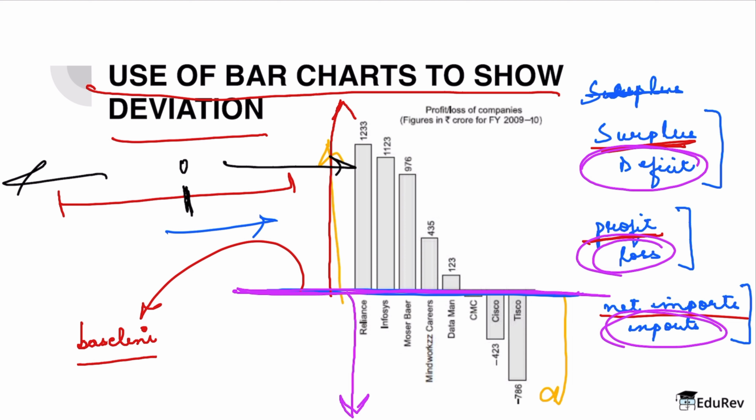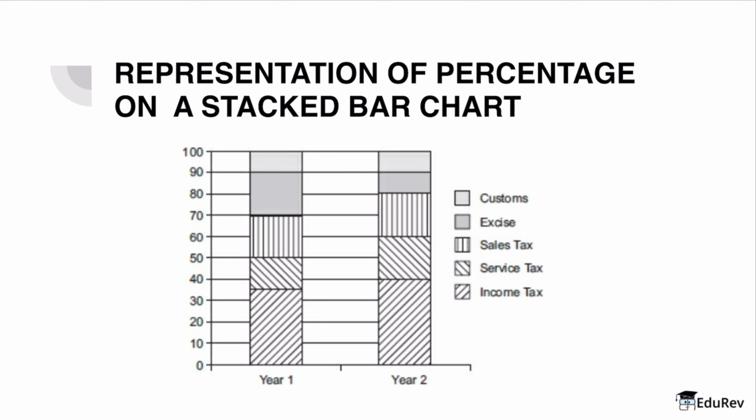Anything which is in positive numbers I can show above the baseline, and anything which is negative, like your deficit or your loss, or if not negative then anything which is opposite, say exports, which are opposite to imports, can be shown below the baseline. So there has to be a ground on which I do this, and that is nothing but a baseline. So this is basically the use of a bar chart to show deviation.